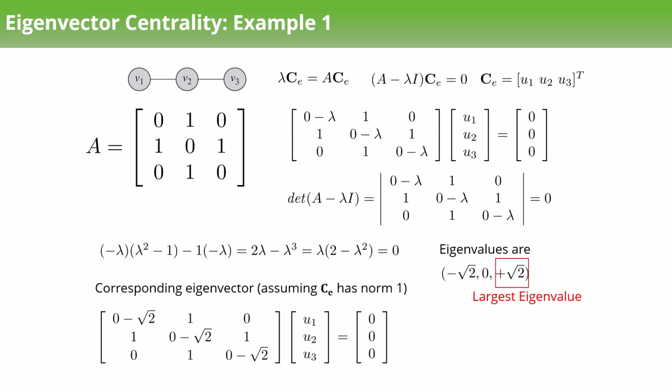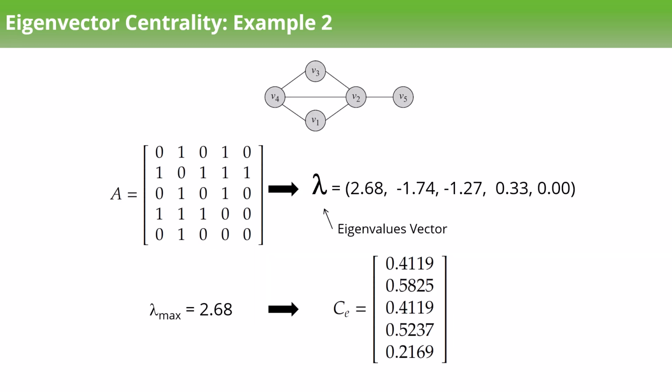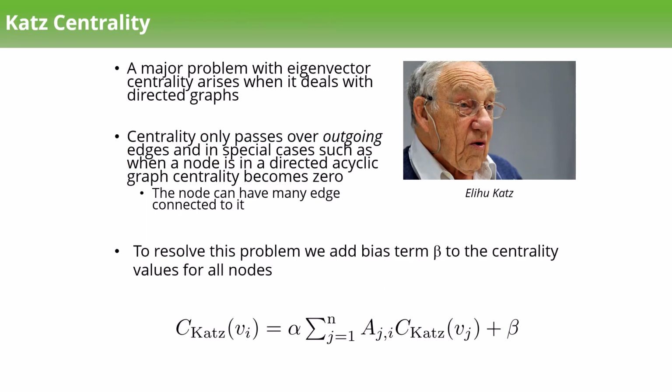The largest eigenvalue is plus root 2. So here we apply it, and we get c equal to (1/2, 1/root 2, 1/2). So this is for the largest eigenvalue. So this is the example of the lambda value and also the centrality eigenvector.